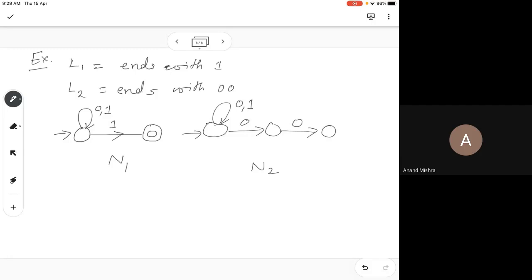What about L1? What does it mean by L1 concat L2? Will it contain something like this? Let's see. 0, 1, 0, 0, ends with 1 and then ends with 00.